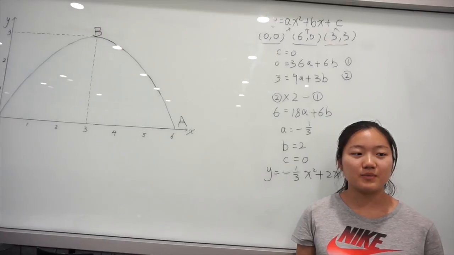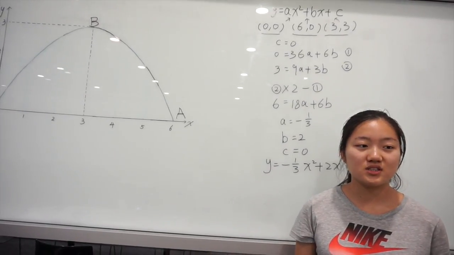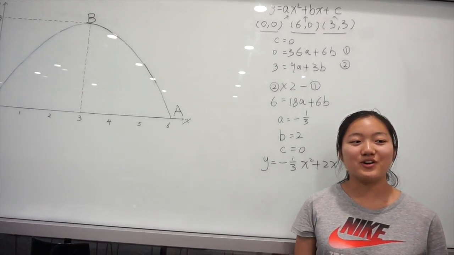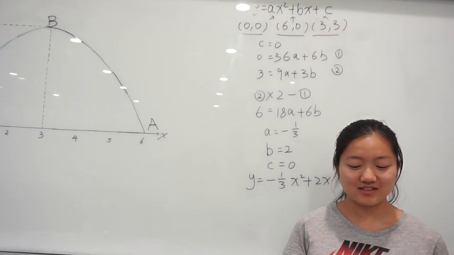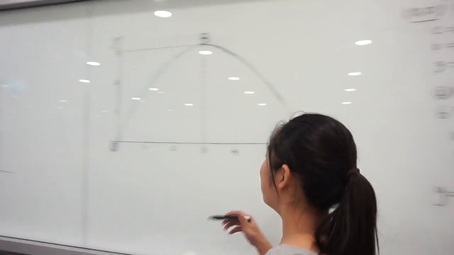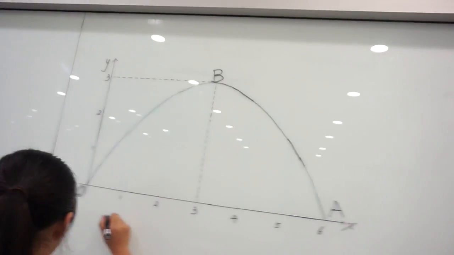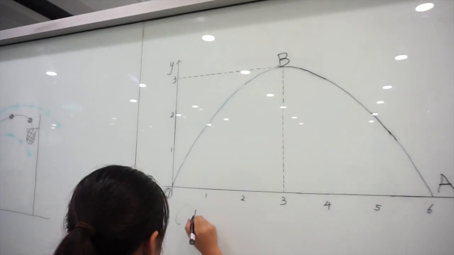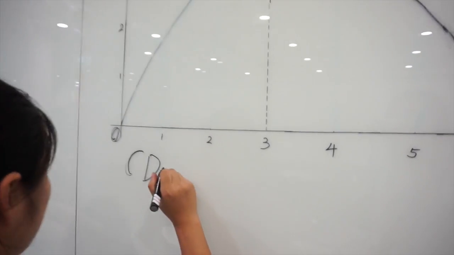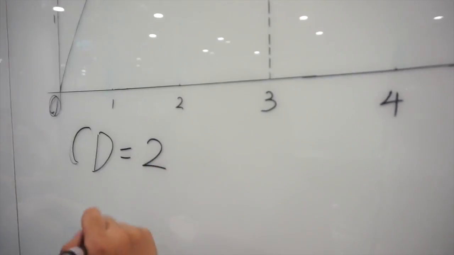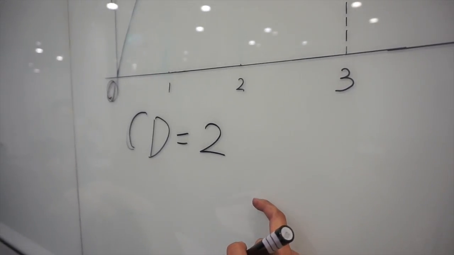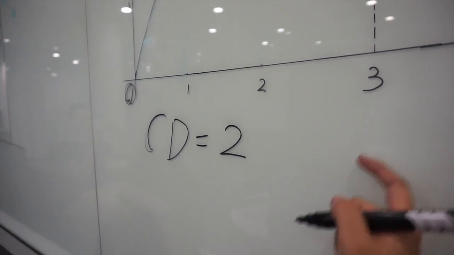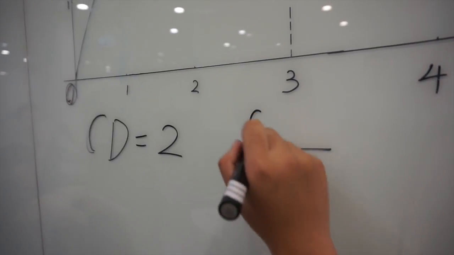So the length of the plank is not a useful condition. Let the highest place of the plank be CD, and CD equals 2 meters. When the width equals 2 meters, the half of it is 1 meter. Then we can draw a line on this graph.